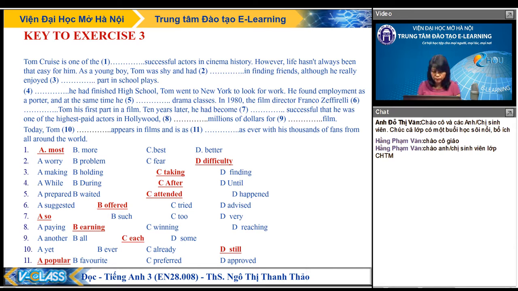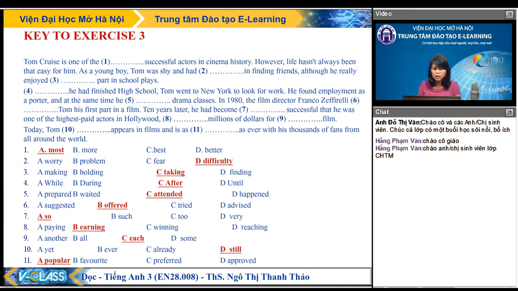Number 5. He found employment as a porter and at the same time he drama classes. So when we talk about classes here, he is the subject. The missing one here is a verb. Right. So for classes, we only say attend the class.